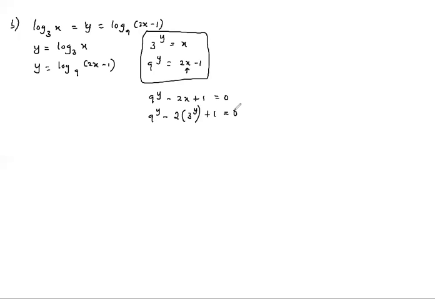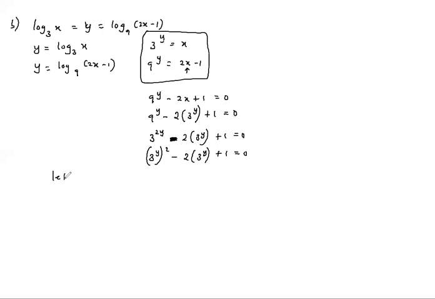So this is 9 to the power y minus 2 times 3 to the power y plus 1 is 0. But 9 to the power y, I can express it with base 3, as 3 squared to the power y, then this 2 multiplies the power y. So I have 3 to the power y, squared, minus 2 times 3 to the power y, plus 1 is 0.